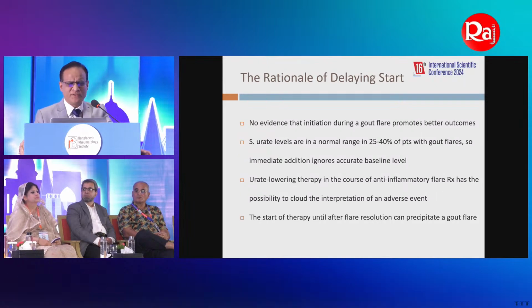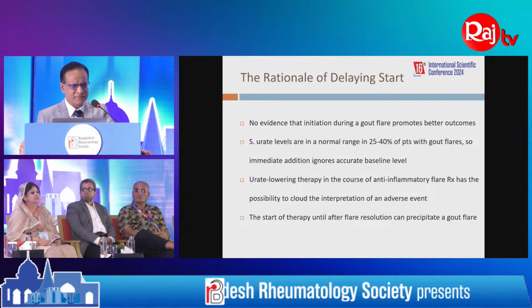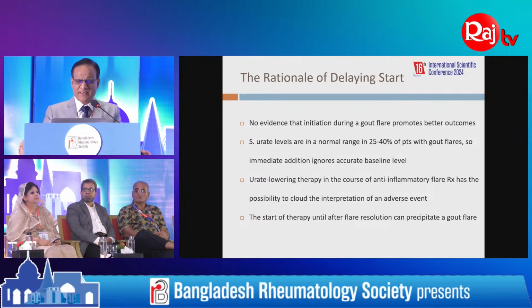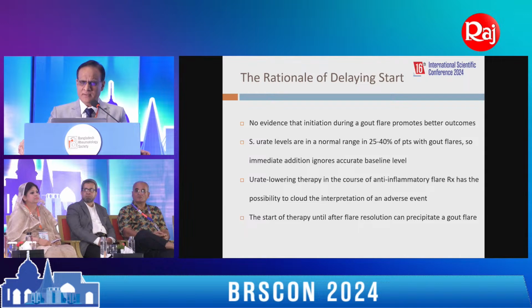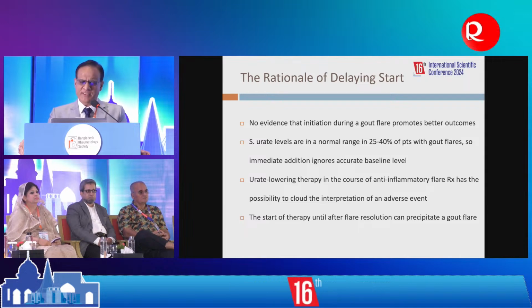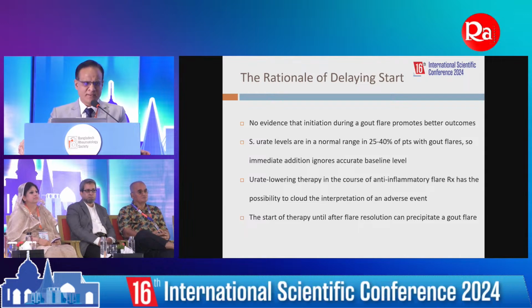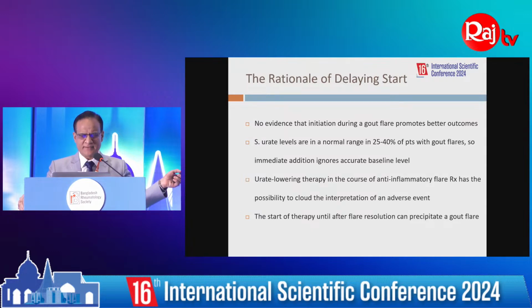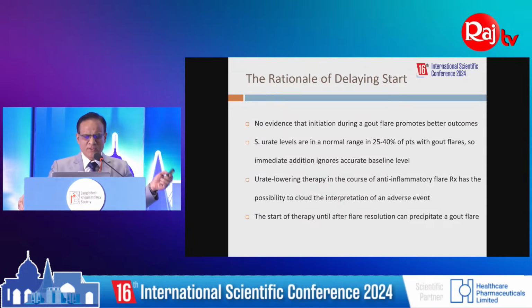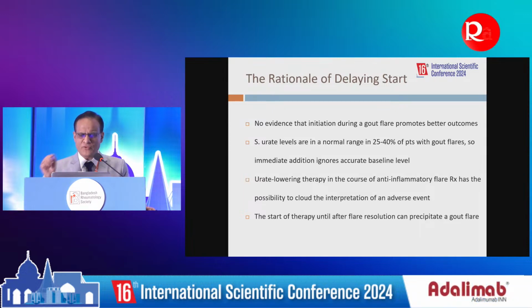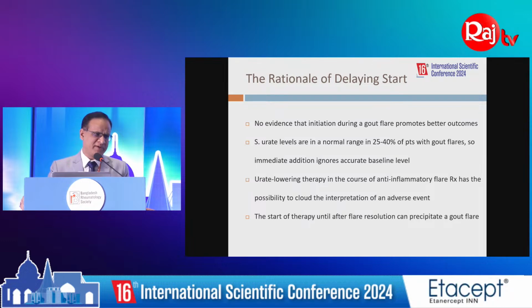The rationale of delaying the start: there is no evidence that initiation during a gout flare promotes better outcome. Look at this slide. Serum urate level is in the normal range in 25 to 40% of patients during a gout flare, so immediate addition ignores the accurate baseline.